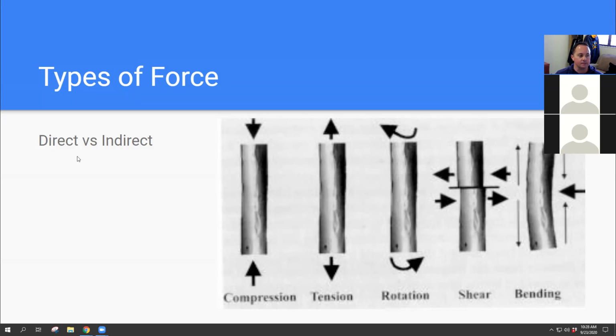So that's the difference between an indirect and a direct force, okay? A force is direct if it is applied to a specific structure and that structure is injured. A force is indirect if a force is applied to one structure and another structure gets hurt. Okay?